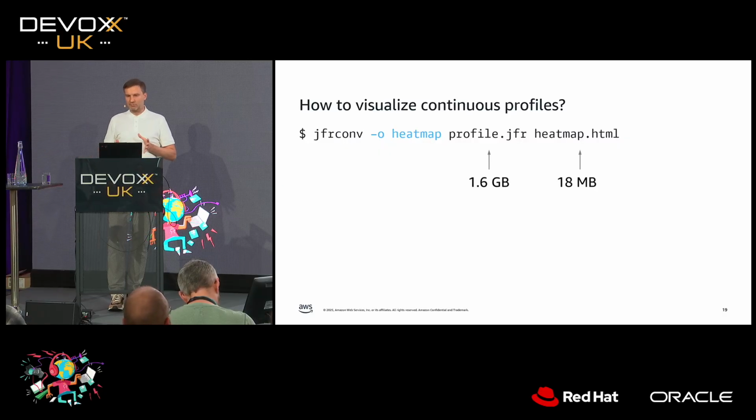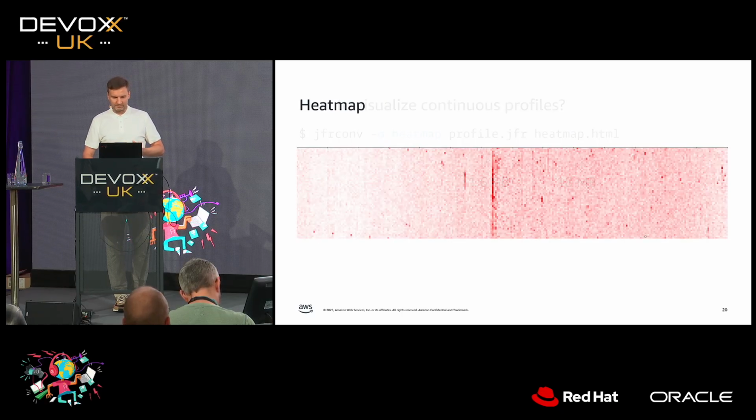And another good thing about it is that this conversion of JFR to heatmap reduces the size of the recording by almost two orders of magnitude, while retaining all the required information.